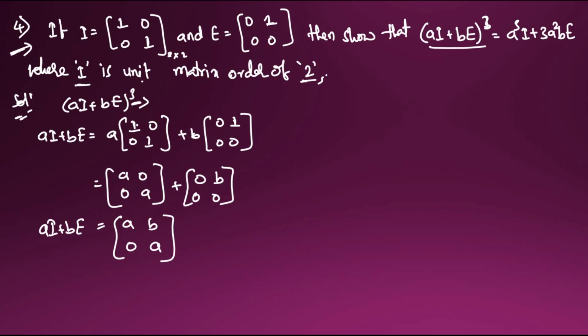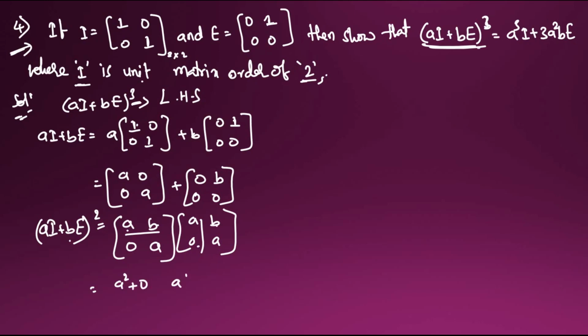Okay, if we consider this total left side as LHS, so first for AI plus BE, if we do the whole square, it will be multiplied with the same thing, A B 0 A. So this into this we have to do: A into A, A square, B into 0, 0, plus 0, so A into B, AB plus B into A, AB also will come here.